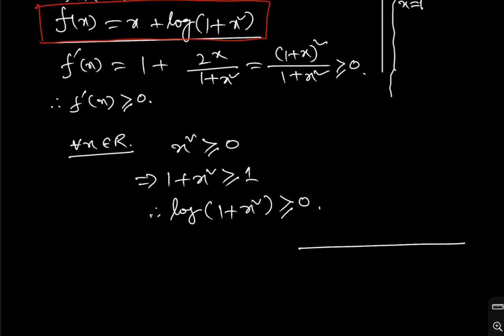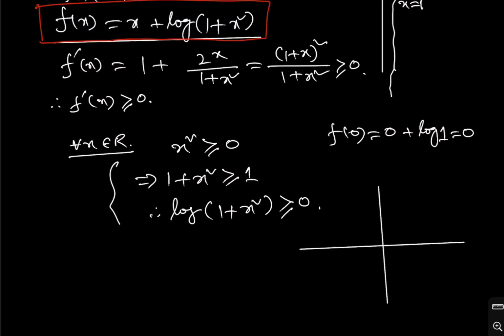Then x will also be positive for x greater than or equal to 0, and at x equal to 0, f of 0 becomes 0 plus log 1, that is 0. And after that, from this portion we can say that this graph will look like this. This will be strictly increasing.